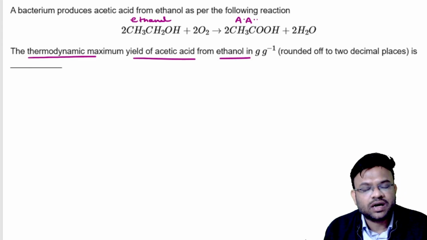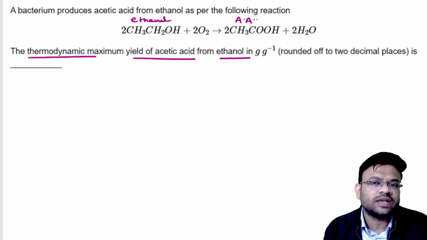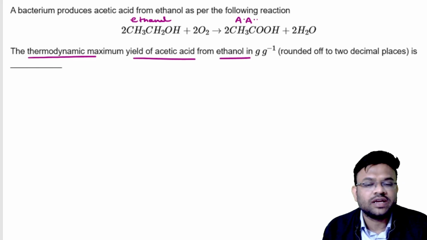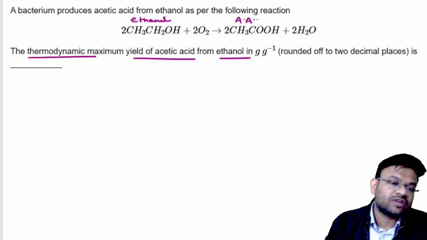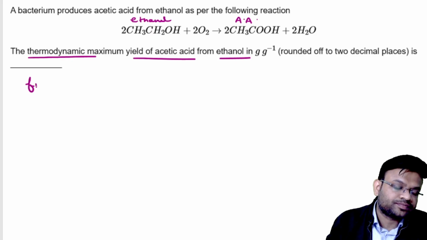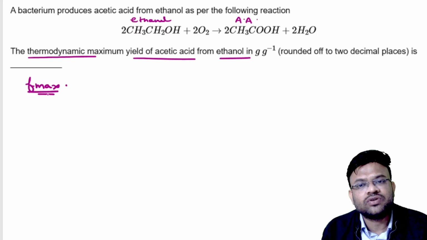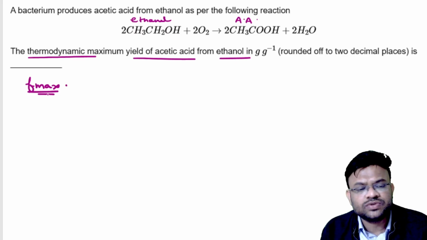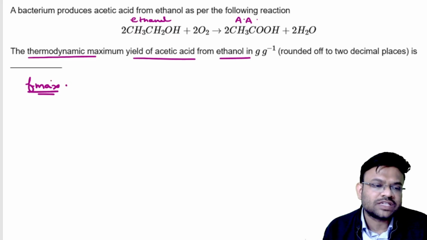First of all, how would you obtain the maximum yield of acetic acid? Of course, we first have to find out the value for F max. What do you mean by F max? F is the stoichiometric coefficient of the product that we are using. Why are we using the max value here?